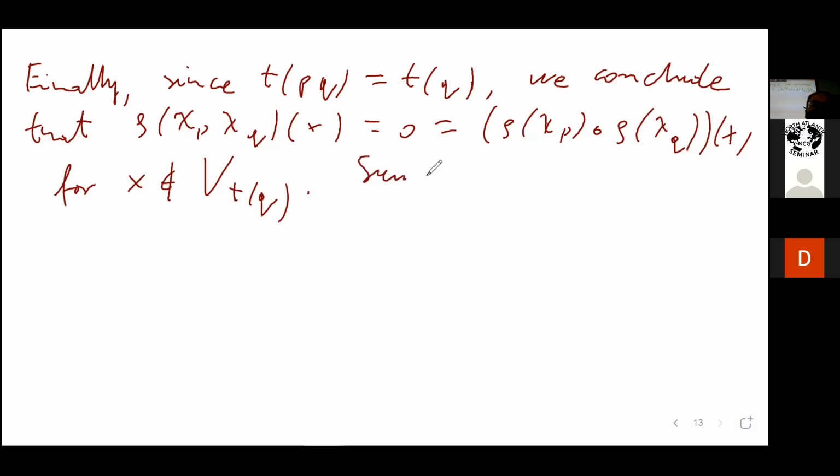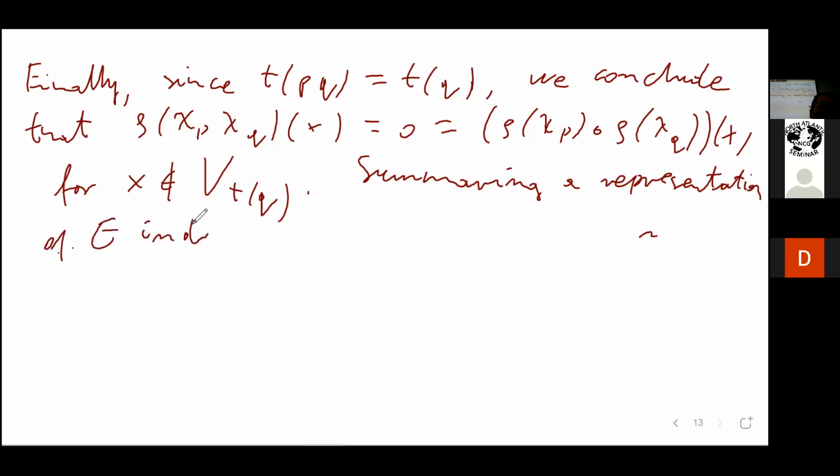So summarizing, a representation of E induces a representation of its path algebra.